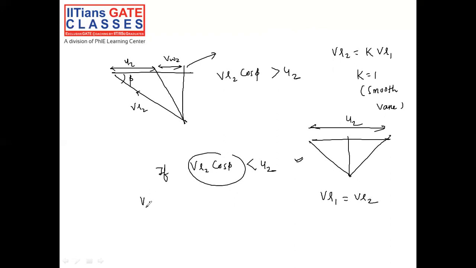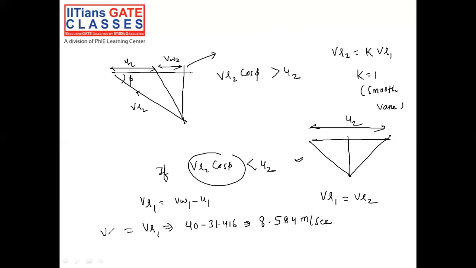And of course, what is VR1? V omega 1 minus U1. That is 40 minus 31.416. If you calculate 40 minus 31.416, you are going to get 8.584 meter per second.